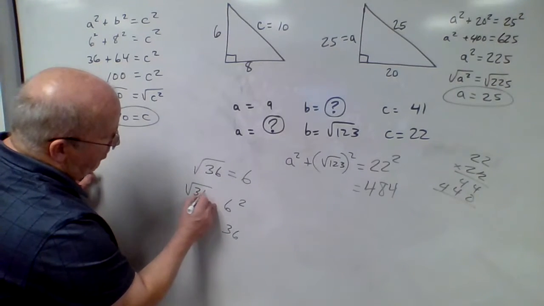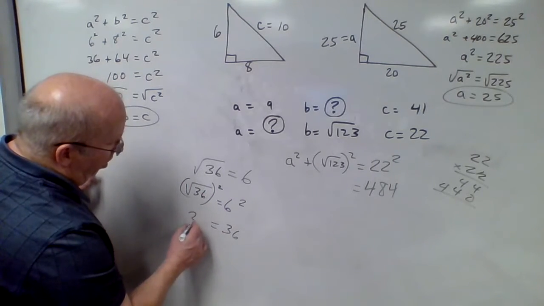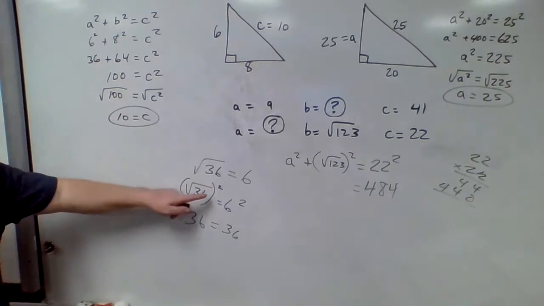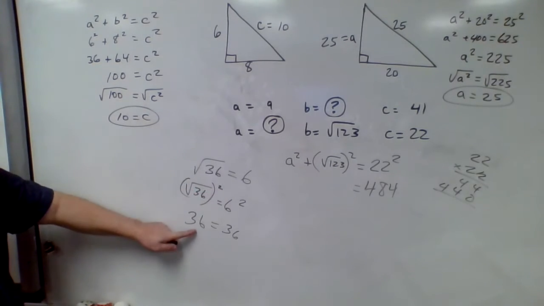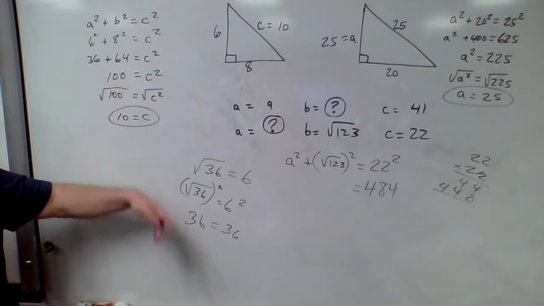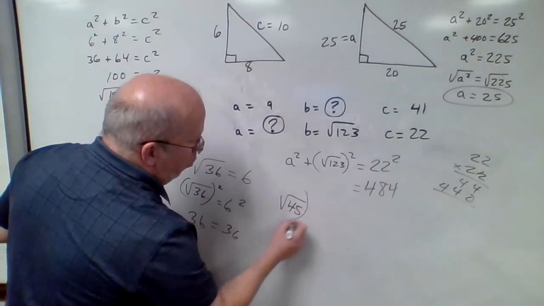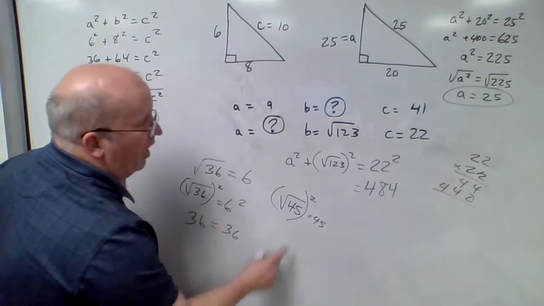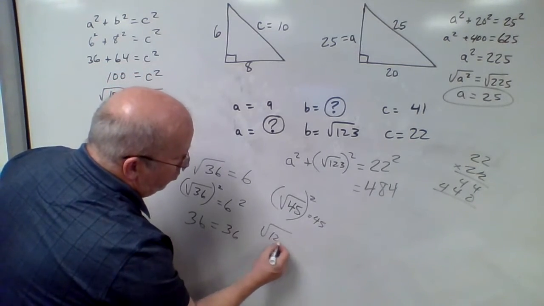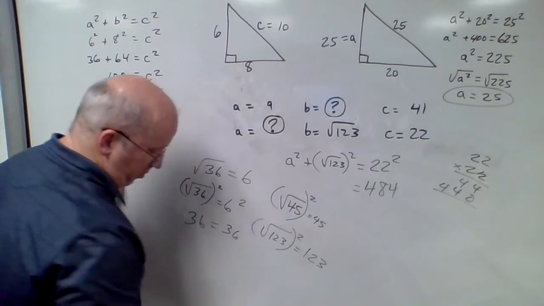So if I take this and I square it, I also get 36. The square root of 36 squared is 36. Or for that matter, the square root of 45 squared equals 45. Or in this case, the square root of 123 squared is 123.